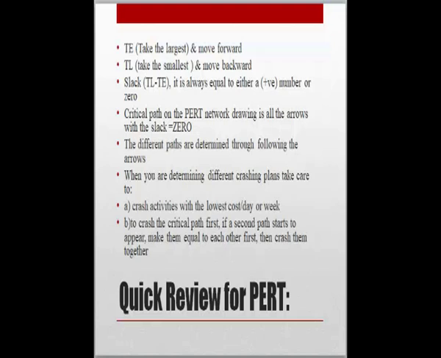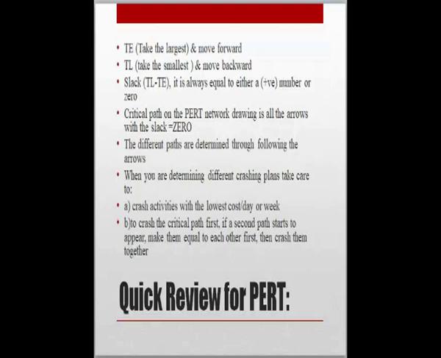If you've got more than one arrow coming out of the event and you don't know which one to choose, always choose the smallest and move backward, which means that you move from the right hand side to the left hand side, or from the end of the project till the beginning of the project. Okay, for the TE you move from the beginning of the project, event number 1, till its end successively, in ascending order, while the TL moves backward, in descending order.